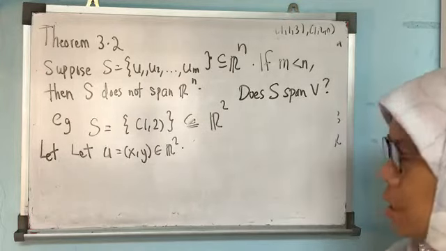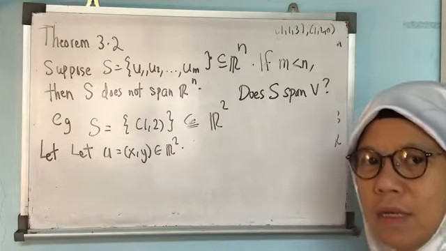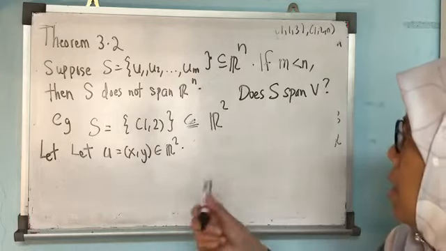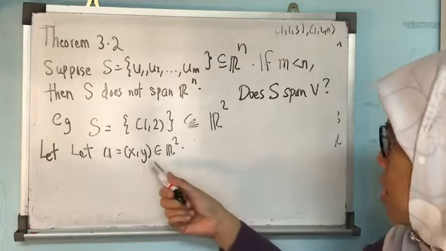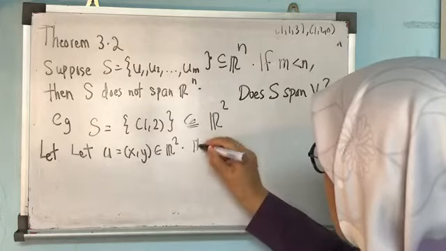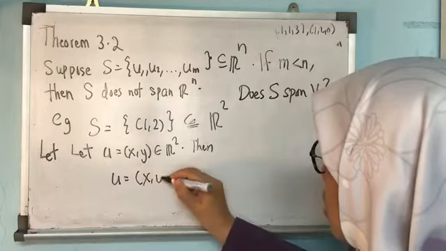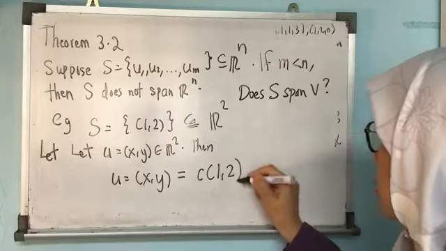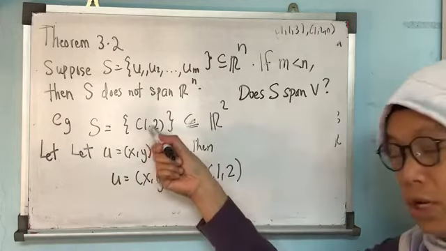So just now we said that S spans V if every vector in V can be written as a linear combination of vectors in S. Now, S spans R2 if any vector in R2, which is XY, can be written as... U is XY equal, but there is only one C1, C2, there is only one.